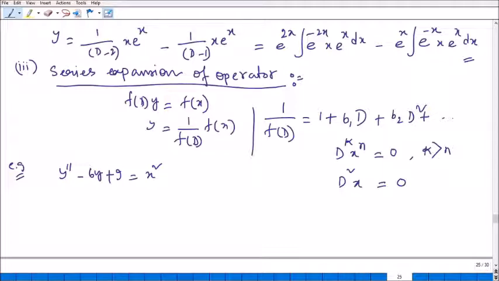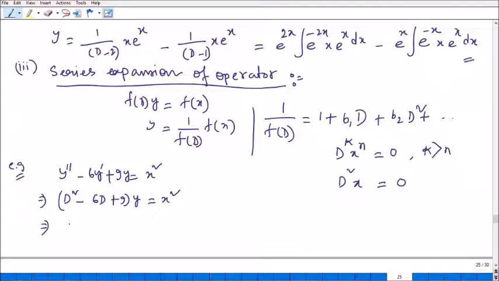This is the differential equation, and we have to find the particular solution of it using the series expansion method of operators. In operator form we write D square minus 6D plus 9 operating on y is equal to x square.